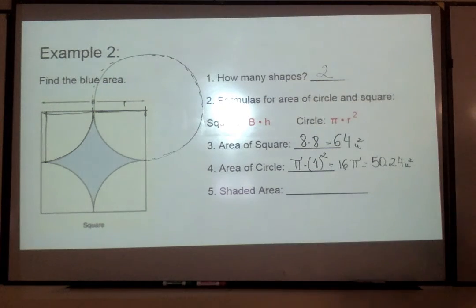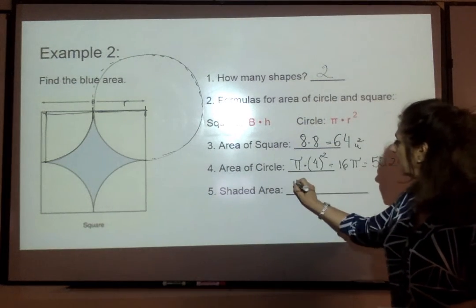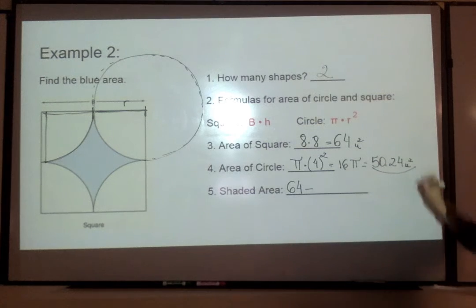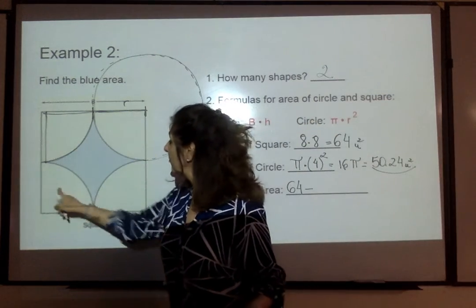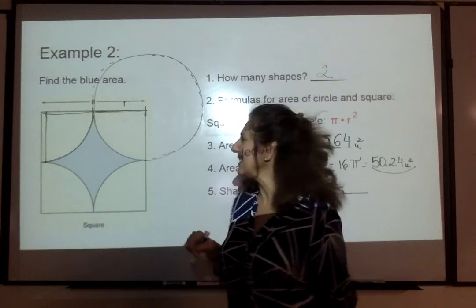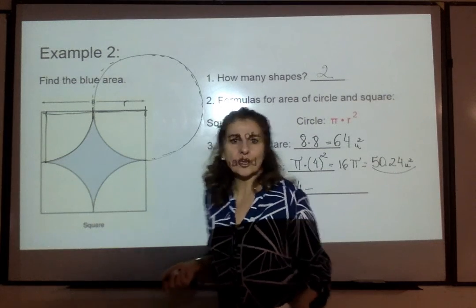So my shaded area is going to be what? 64, which is the big square, minus the area of all 4 quarter circles, which makes just one entire circle. And this part here, the blue part, is what's going to be left.